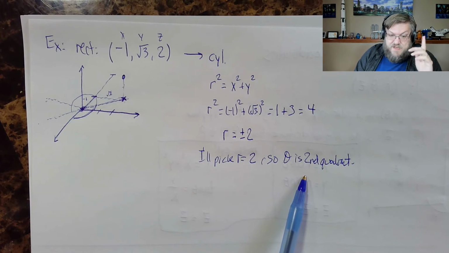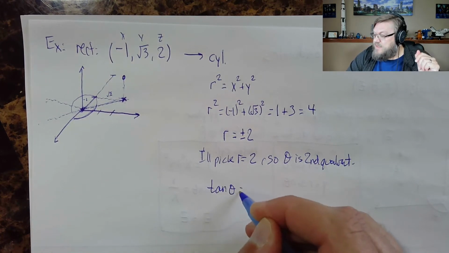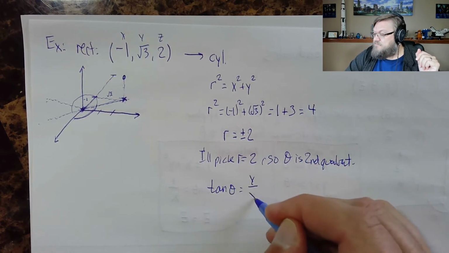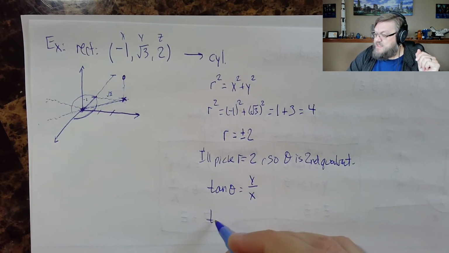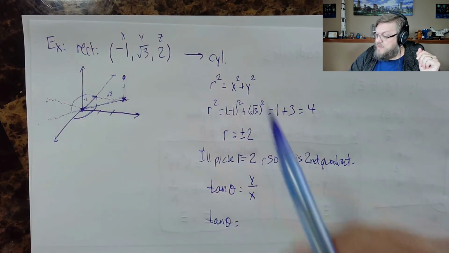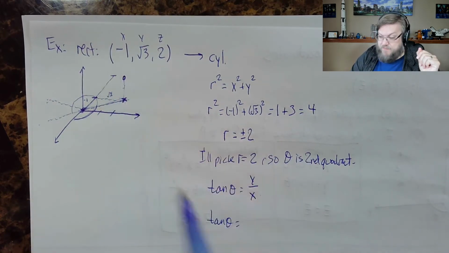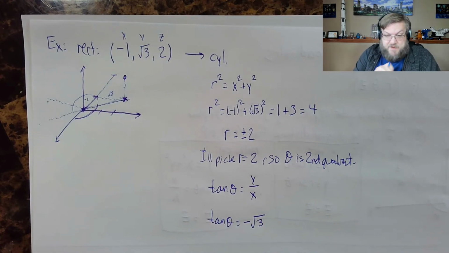Now let's get a hold of what theta is. Let's bring in our other formula. We know that tangent of theta is equal to y divided by x. In this case, tangent of theta equals y, which is root 3, over x, which is negative 1, so this is going to be negative root 3. Now that is a special angle.